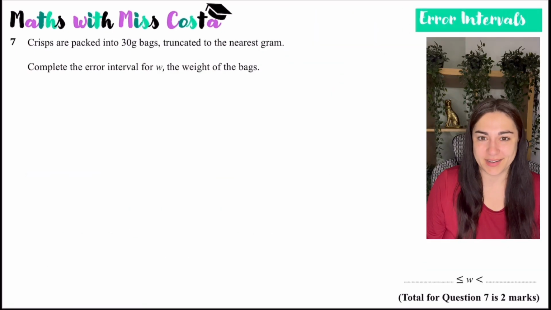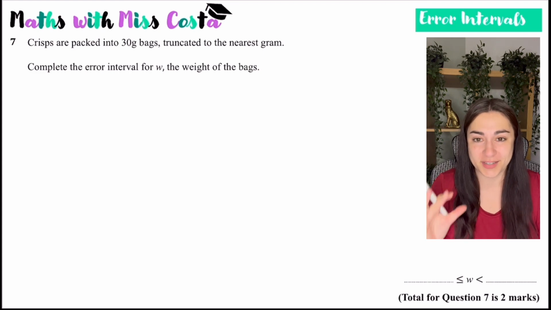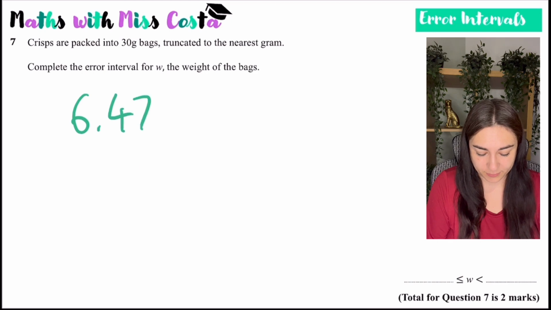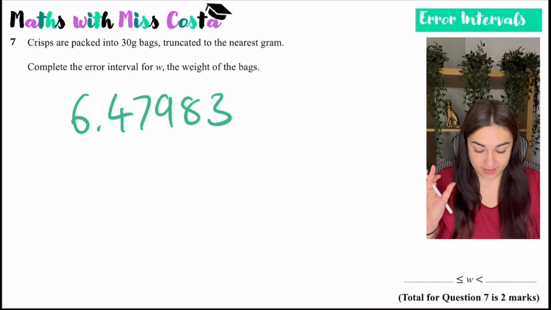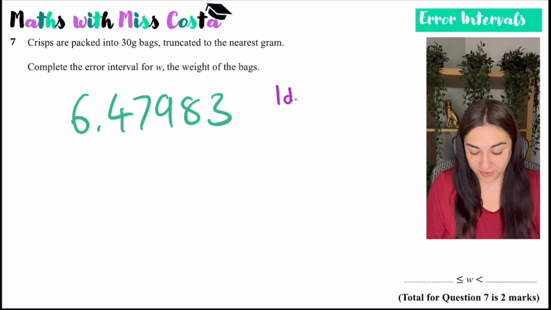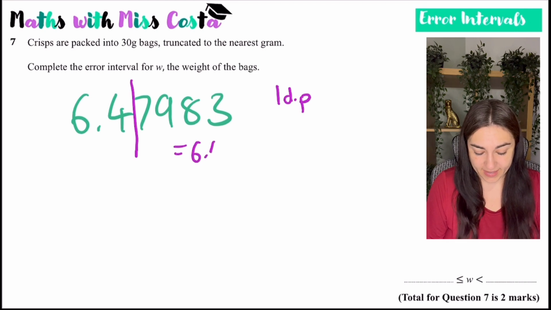Here I've got an error interval, but it's a slightly different one that people frequently just overlook, because truncation is kind of like this weird thing that you're like, why do I do this if I know how to round? So when I truncate, let's just give a random example, 6.47983. When you truncate, you literally chop off where it says, so to one decimal place, you would write that as 6.4.